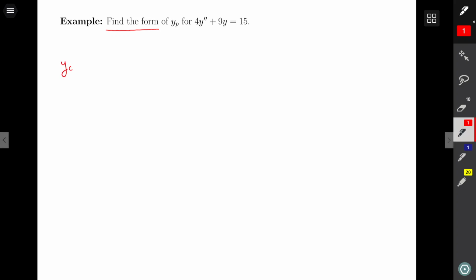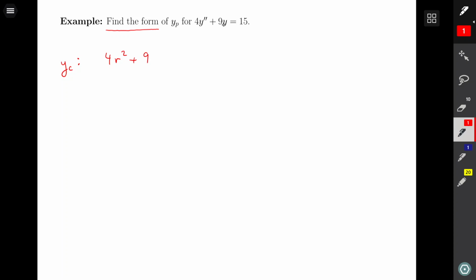So first of all, you look at the complementary solution, and you do that by looking at the auxiliary polynomial. Remember the coefficients are the same, and the exponent on r is the same as the order of the derivative on y. So you have 4r squared plus 9.